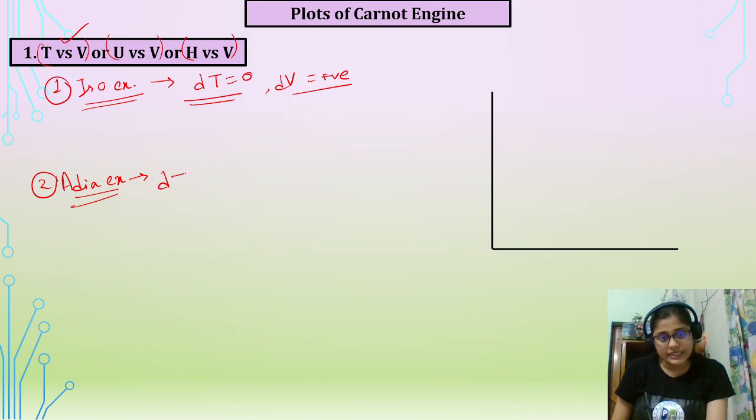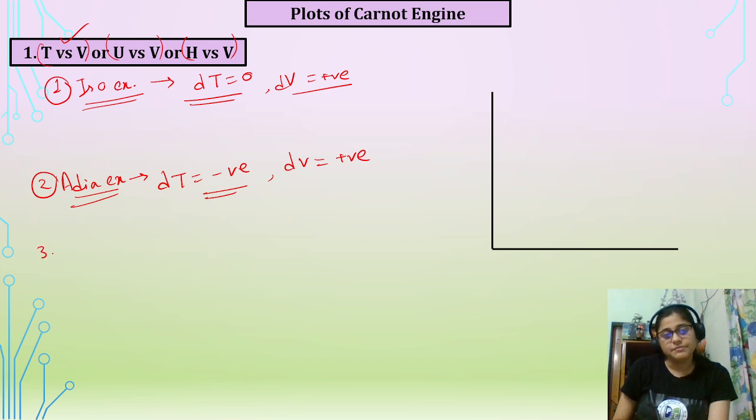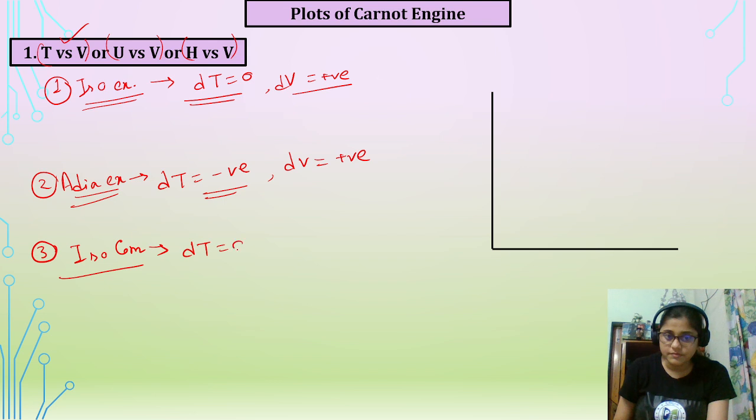So dT is negative and dV is positive. Fine. Third, isothermal compression. Compression means dT is 0, and dV will be negative.